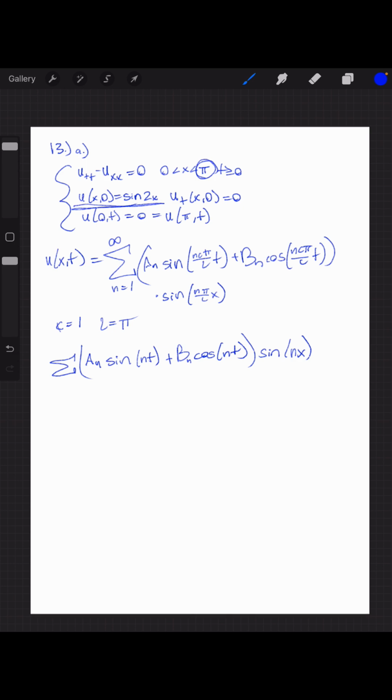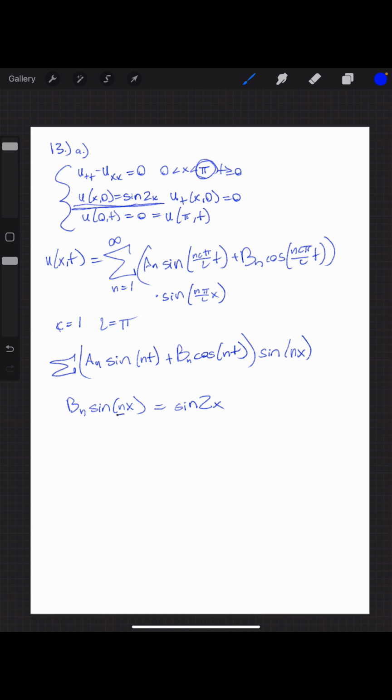And we're left with b_n. When t is 0, cosine is just 1, so we can erase that and assume it'll be constant there. That means we're left with sine nx, which is not affected if t is 0 because it's a function of x. So we get that it's equal to sine 2x.